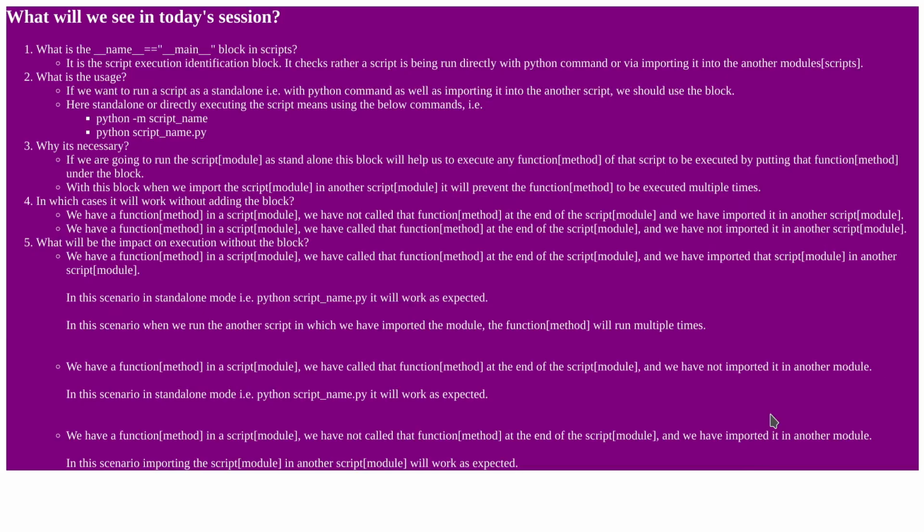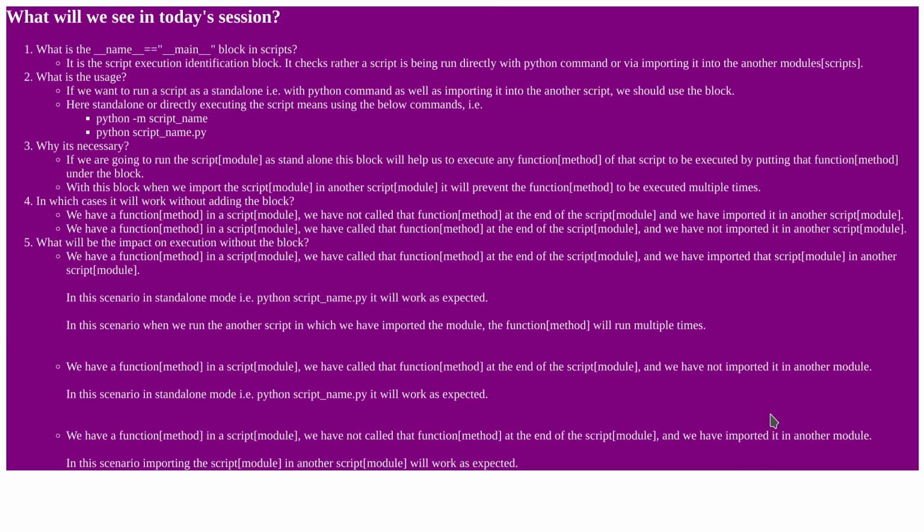First question: what is this __name__ block all about? This block is about script execution identification. It checks whether a script is being run directly or via importing it into another script.